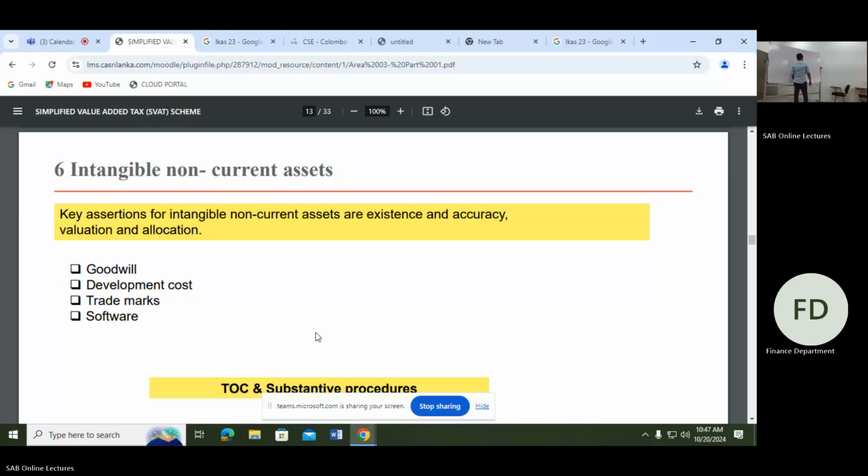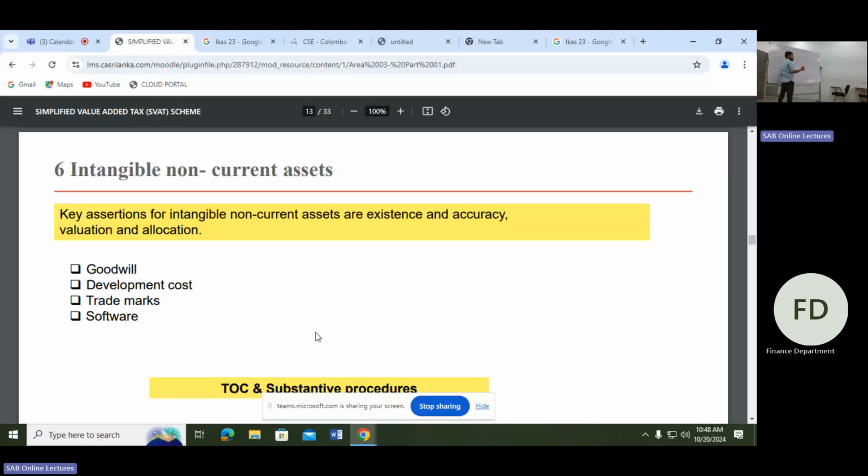So what do we have to do? First, we need to identify the accounting treatment. We need to read the case: intangible asset, nature, substance, criteria.